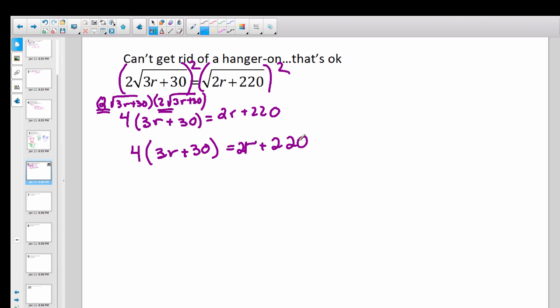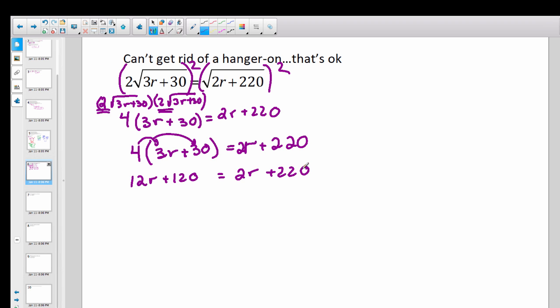Okay, so that's it. Solve for r. There'll be some distributing to do, that's for sure, but nothing crazy. So this turns out to be 12r plus 120, and that's equal to 2r plus 220.